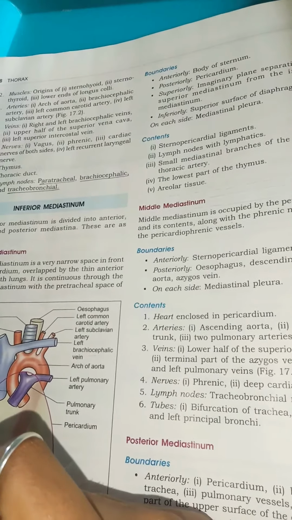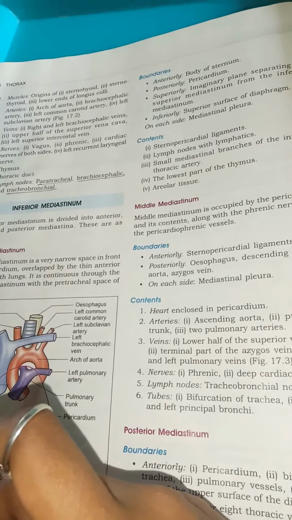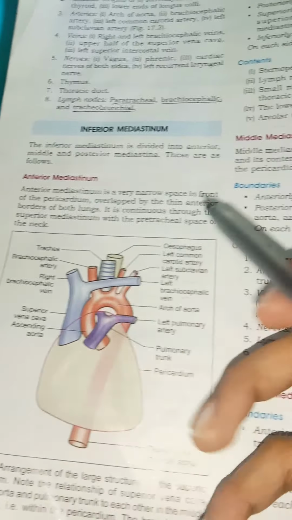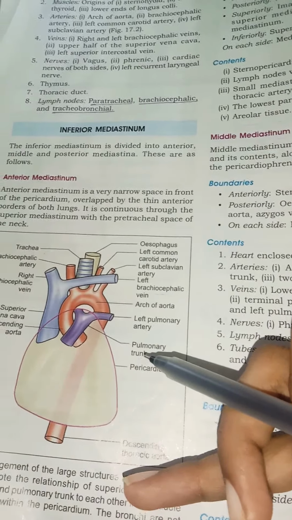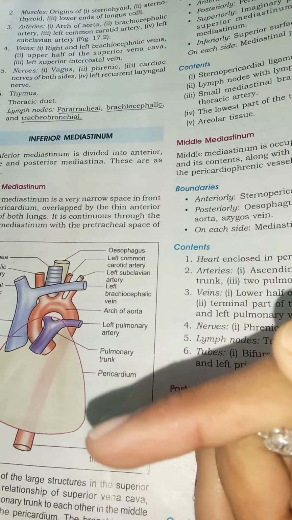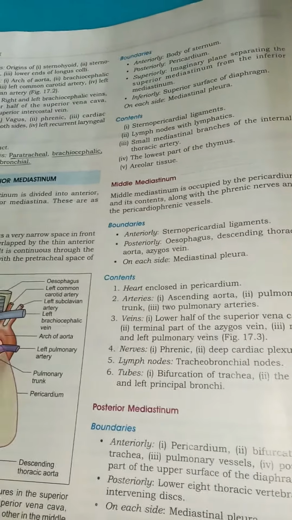And next you will have the vagus, phrenic and cardiac nerves of both sides. They are not shown here, but remember the vagus and phrenic nerves and also the cardiac nerves on both sides.